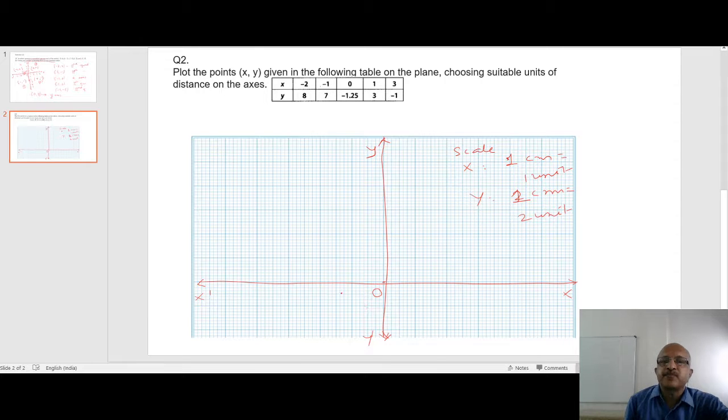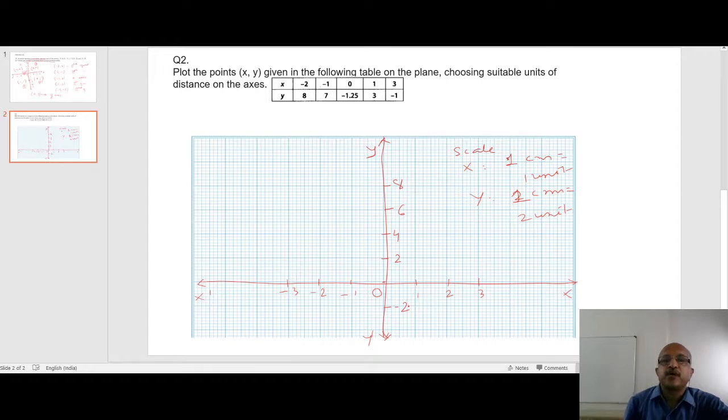So here we will have -1, -2, -3, and 1, 2 and 3. Can you see, within 1 centimeter we have 10 small blocks. That means each small box value will be 0.1. Now here on the y-axis, this is 2, 4, 6 and 8 and this is -2.